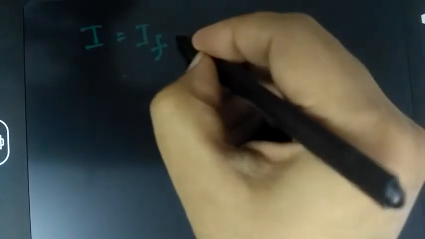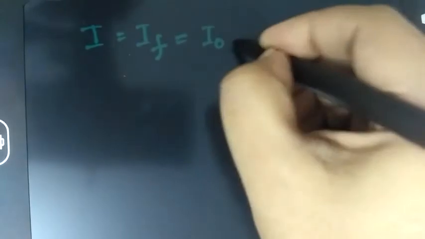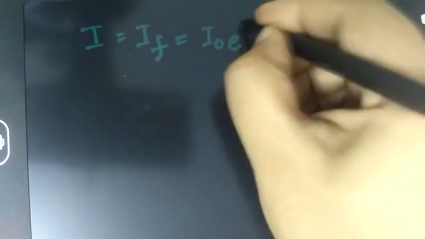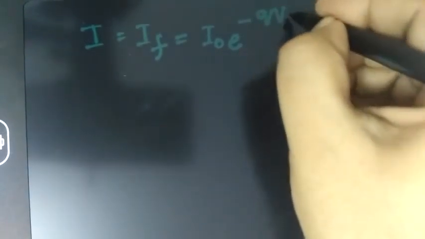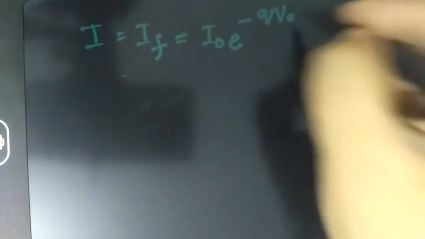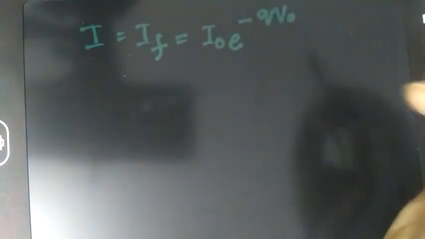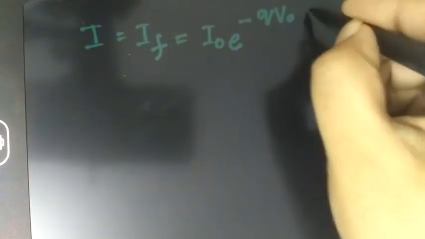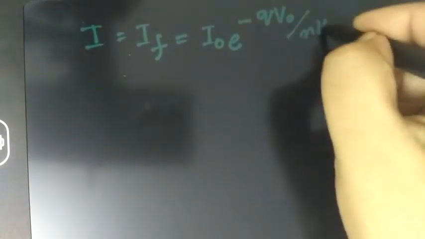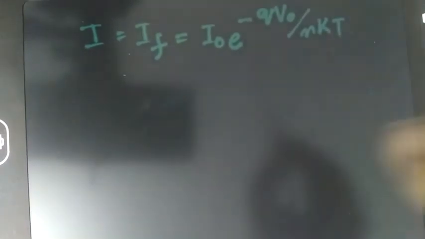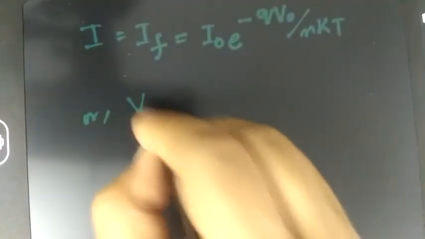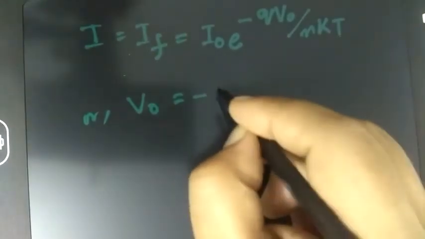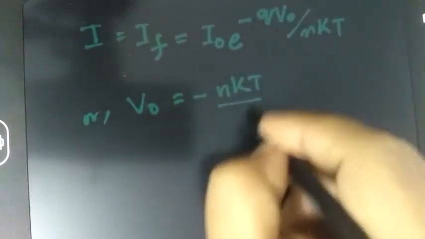It will become I is equal to IF is equal to I naught e to the power minus q V naught, because Vf is equal to minus V naught, so I'm replacing that in place of Vf and writing the rest as it is, by nkt.